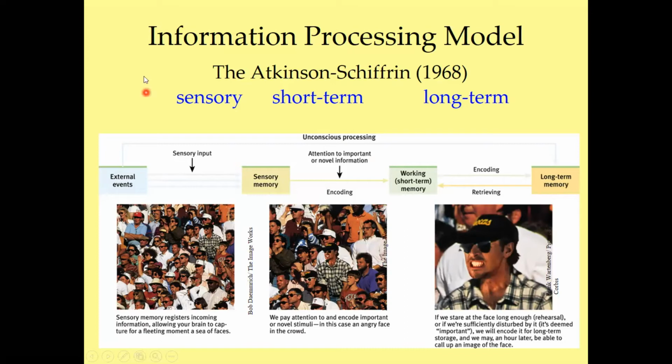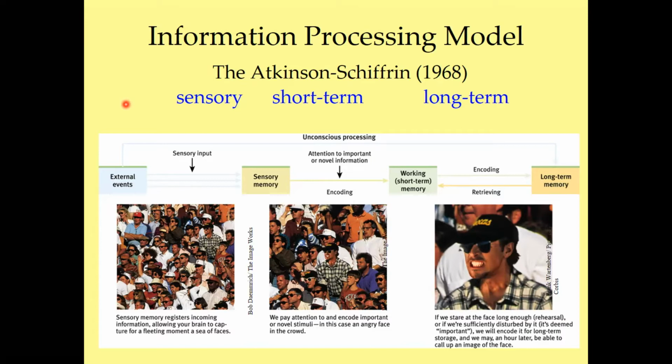So next we look at the types of information storage that have been identified. This information processing model that was written about by Atkinson-Schiffrin in 1968 still serves us very well. What they identified at that point in time is still essentially how we believe the memory system is set up.